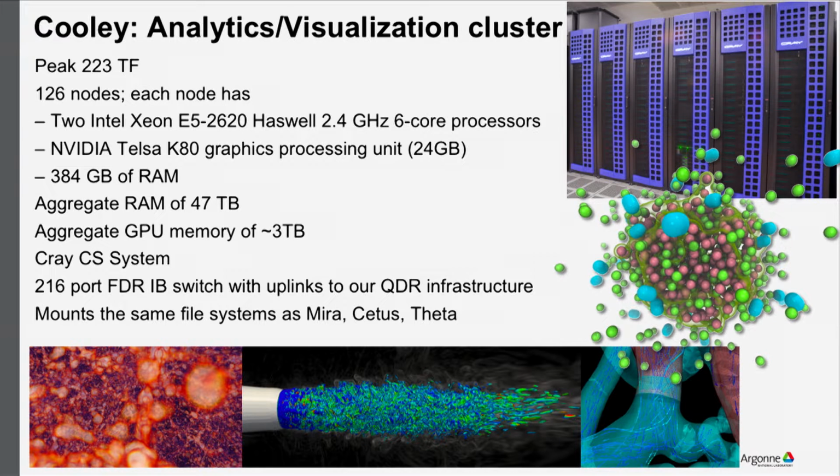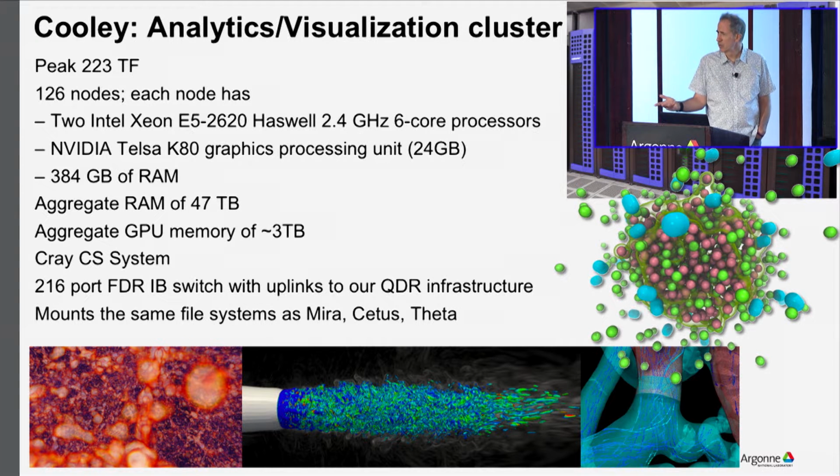So resources. Cooley is our visualization analytics cluster. It's a 126 node cluster at the ALCF, which you may or may not have used already, but you'll have access to.